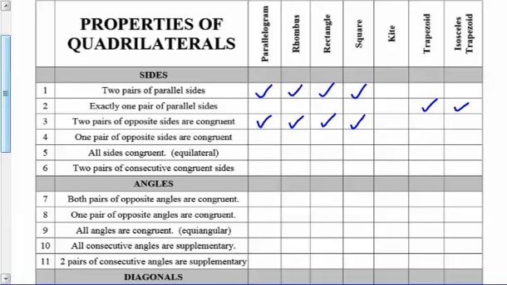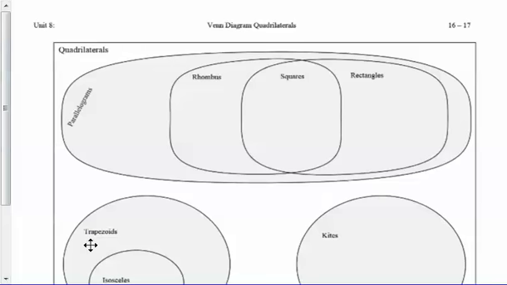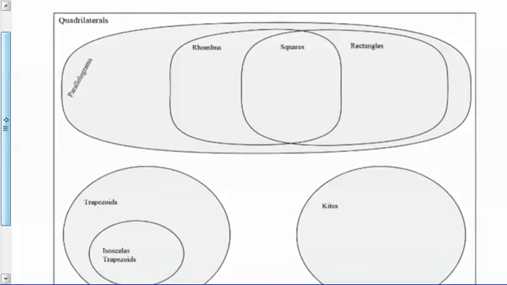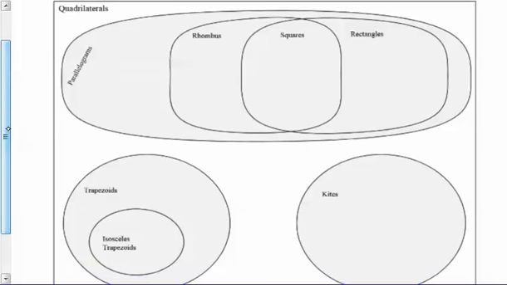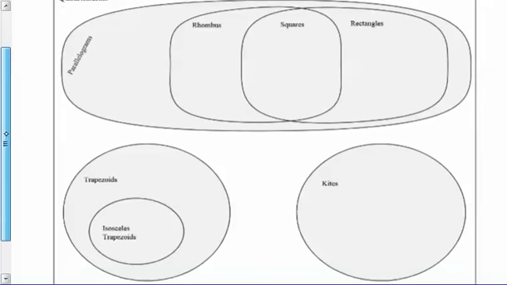The next thing I want to take a look at is this Venn diagram and start comparing these different quadrilaterals. So all of these shapes are quadrilaterals, meaning that they have four sides.